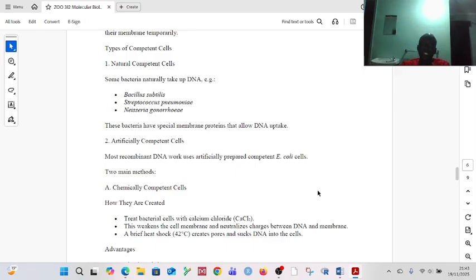In this chemical method, where cells are made competent chemically, the cells are treated with calcium chloride. The calcium chloride will weaken the cell membrane.